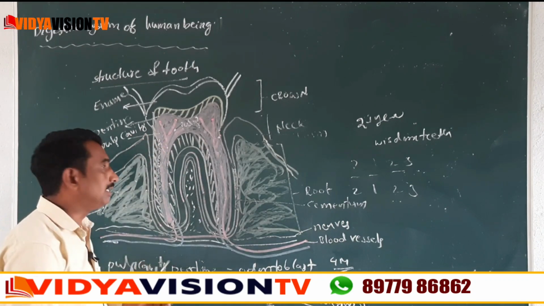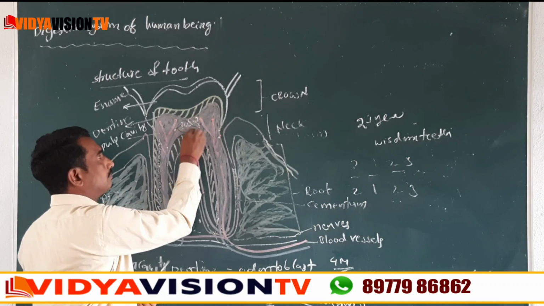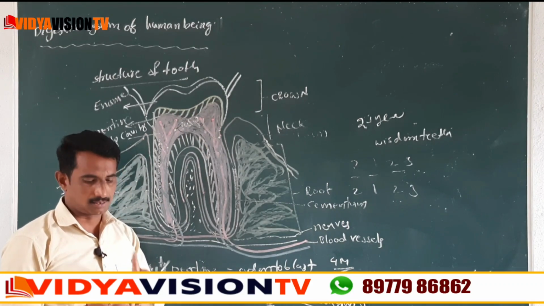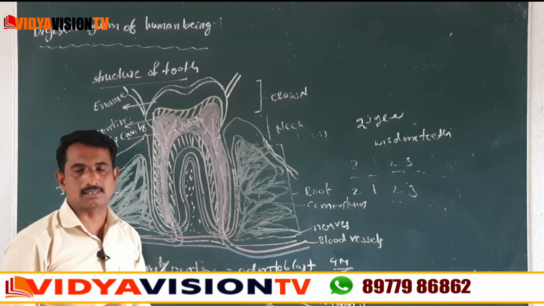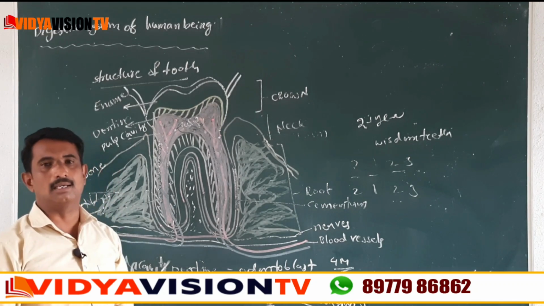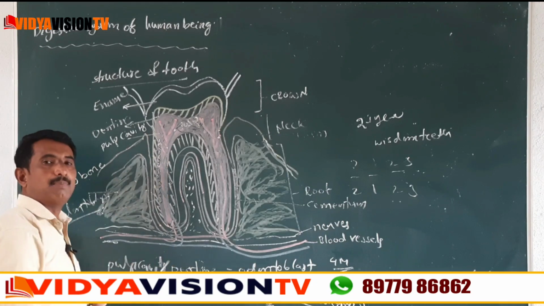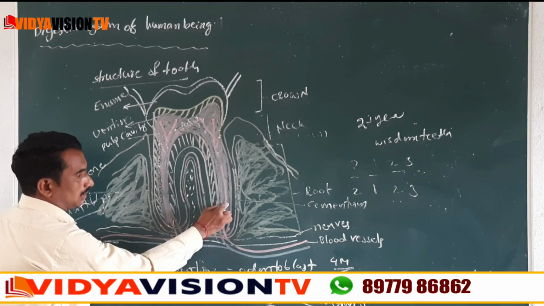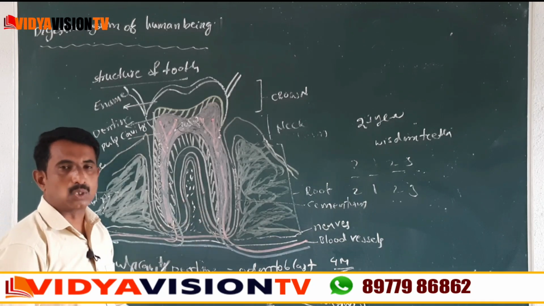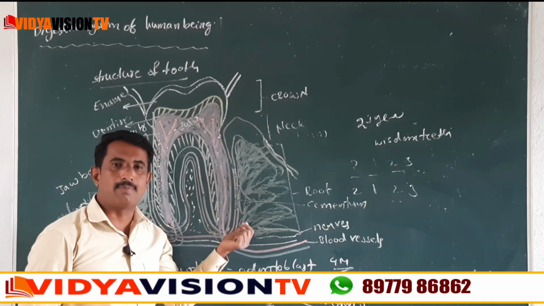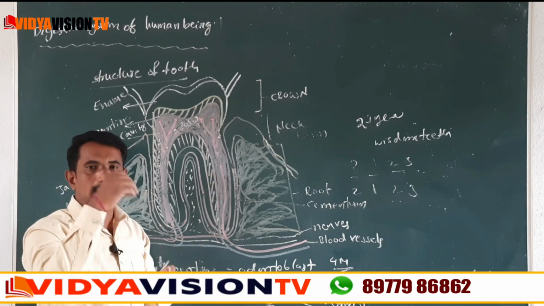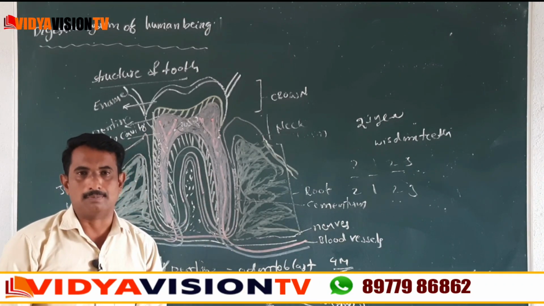The pulp cavity is filled with pulp. Pulp is a composition of blood vessels, nerves and odontoblast cells, and the odontoblast cells internally line the pulp cavity. Now next, children, the dentine of the root is covered by cementum, and cementum helps the tooth to be embedded in the socket of the jawbone. Okay children.